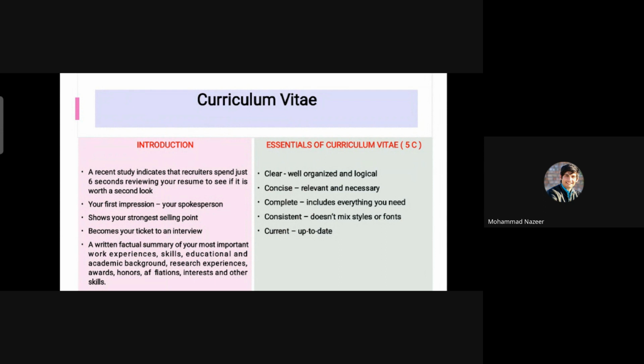For example, right now you are pursuing a program. Until you get a degree, you cannot mention that you are a degree holder. If we are pursuing a degree, we have to mention that we are pursuing it. And once you have got that degree, then you can mention that now we have this fully fledged course. That means we have to update it regularly.